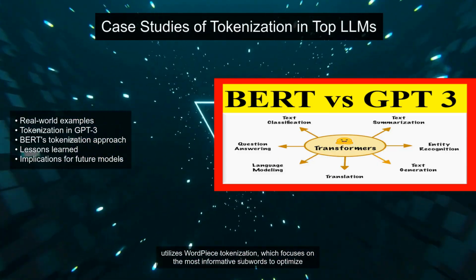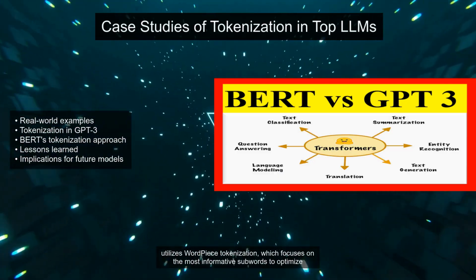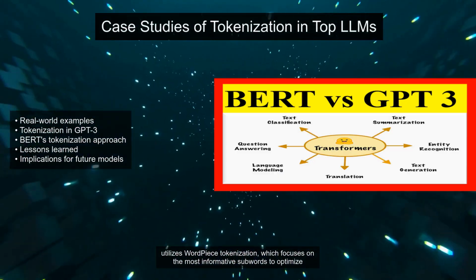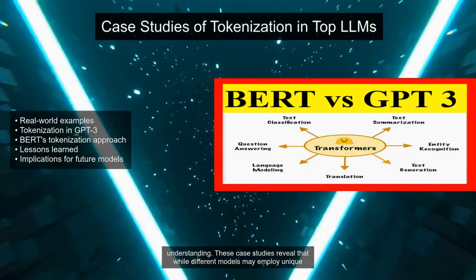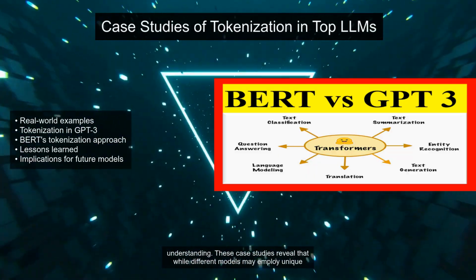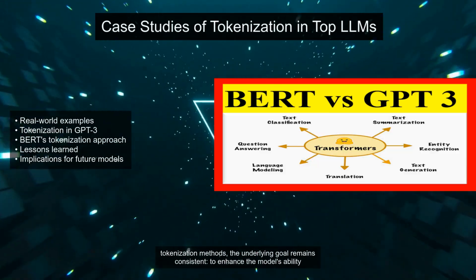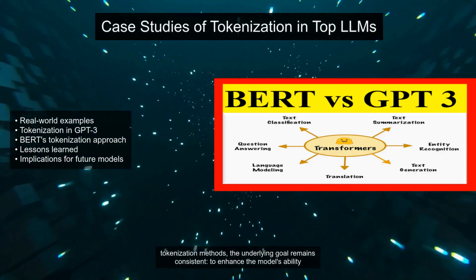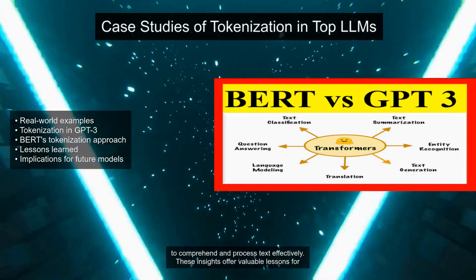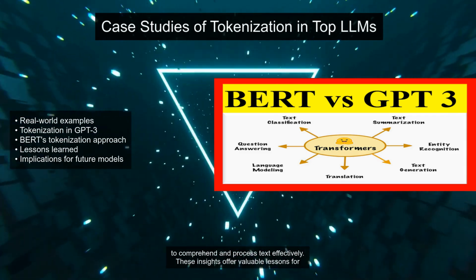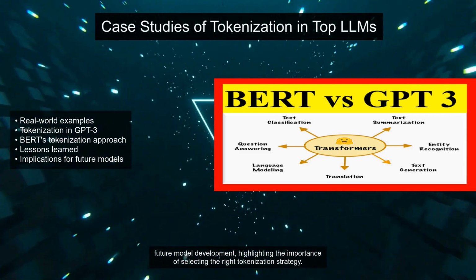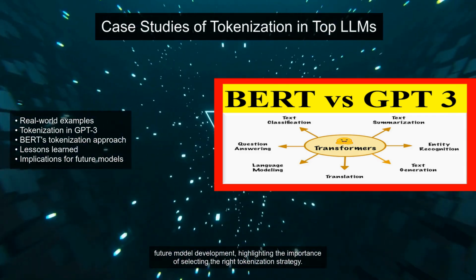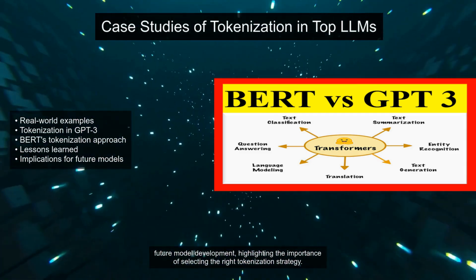On the other hand, BERT utilizes WordPiece tokenization, which focuses on the most informative subwords to optimize understanding. These case studies reveal that while different models may employ unique tokenization methods, the underlying goal remains consistent: to enhance the model's ability to comprehend and process text effectively. These insights offer valuable lessons for future model development, highlighting the importance of selecting the right tokenization strategy.